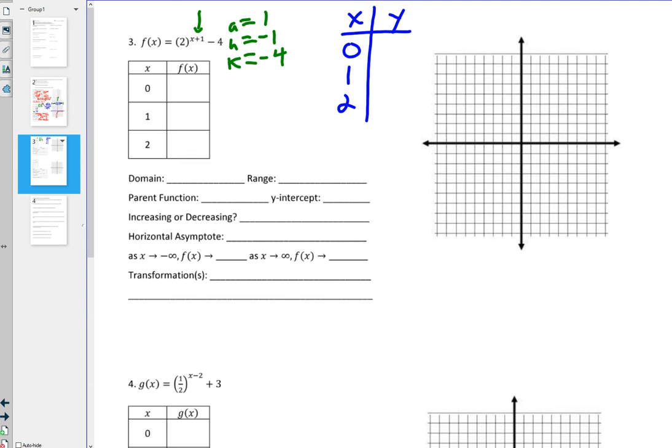Ingrid, with this table that I made over here, we're just going to take the base to that power. So what's 2 to the 0 power? It is 1. What's 2 to the first power? And what's 2 squared?